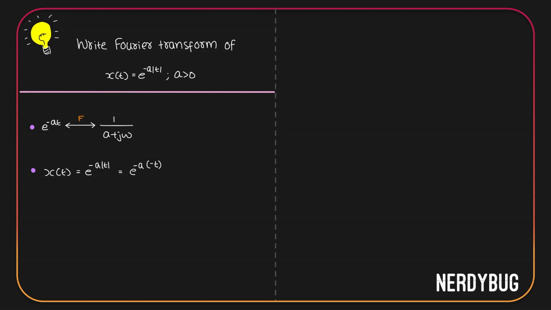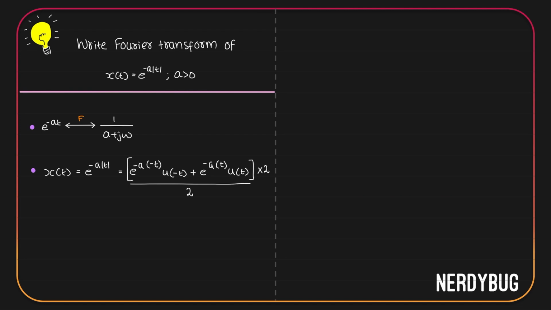To show that this is only for t less than 0, we will put u of minus t here, plus e raised to minus a t. For t greater than 0, mod t is plus t. To show that this is for t greater than 0, we'll multiply it with u of t. Now, I'm going to take this, multiply it with 2 and divide it with 2.